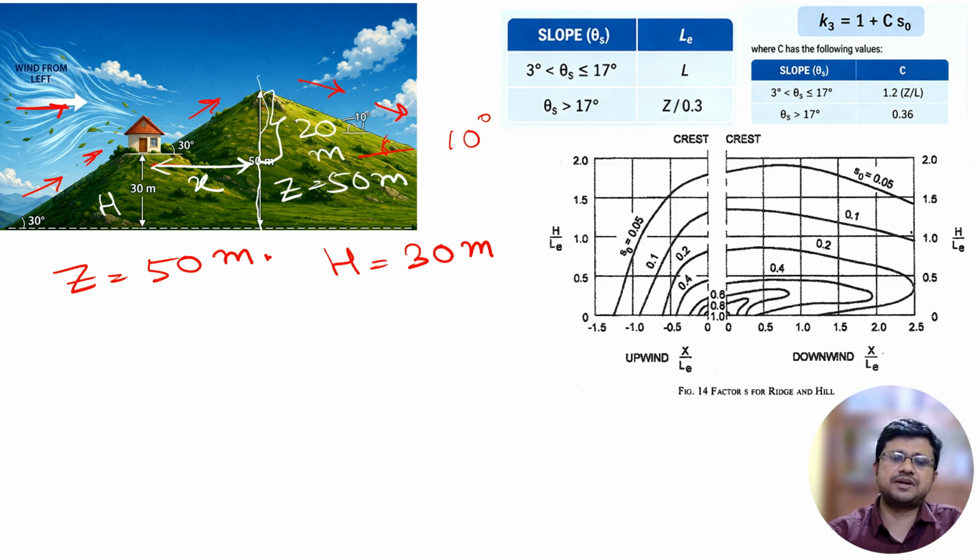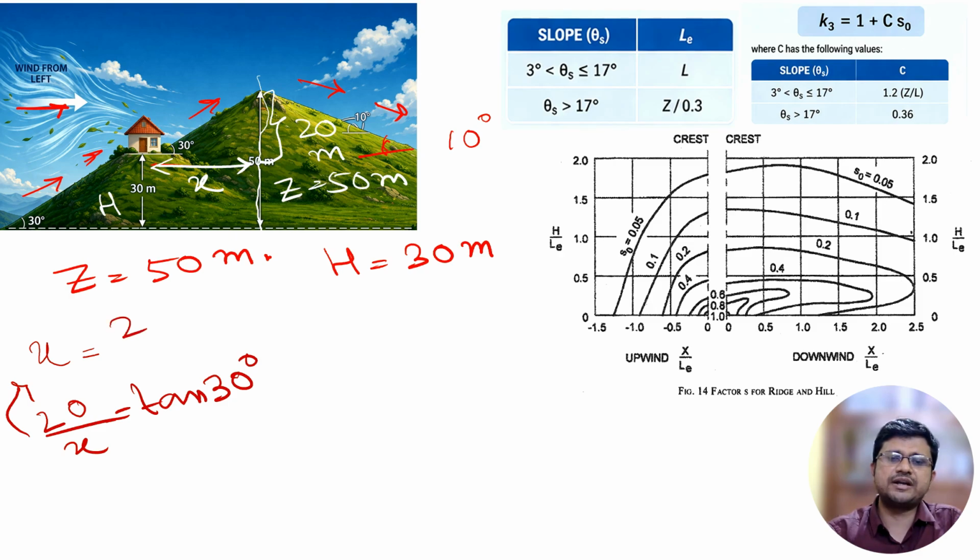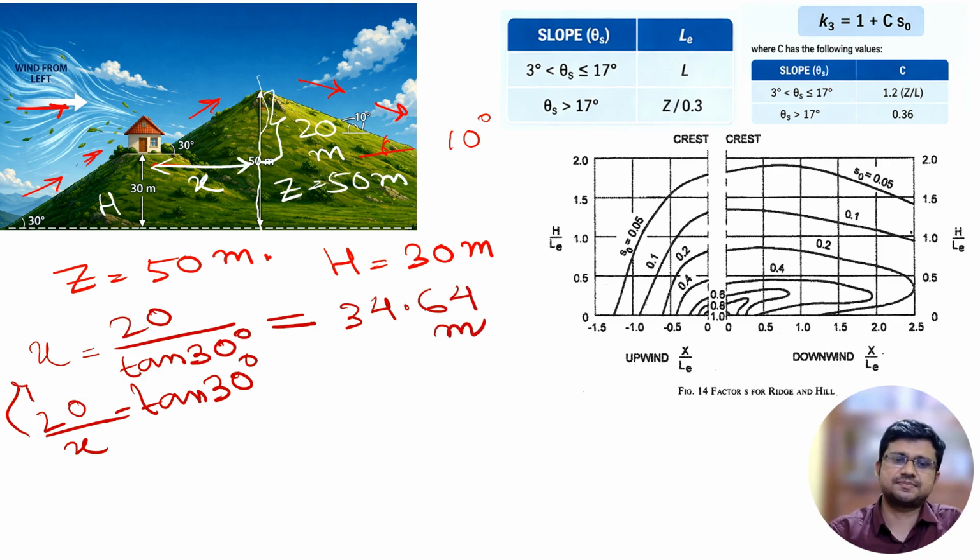By using simple trigonometry, we can calculate 20 by X equals tan 30 degree. So X will be equal to 20 by tan 30 degree, which is close to 34.64 meter. So this will be the value of X.